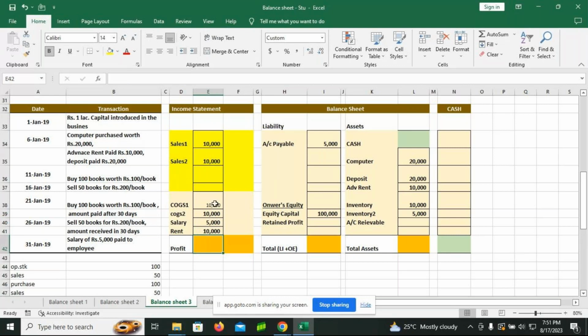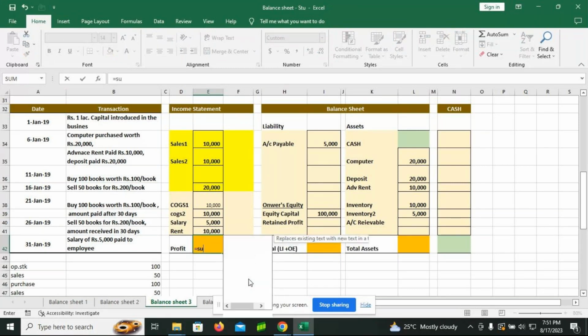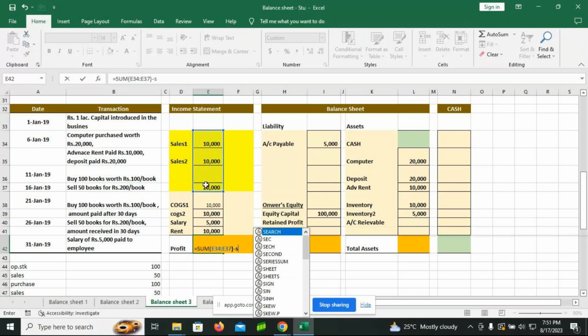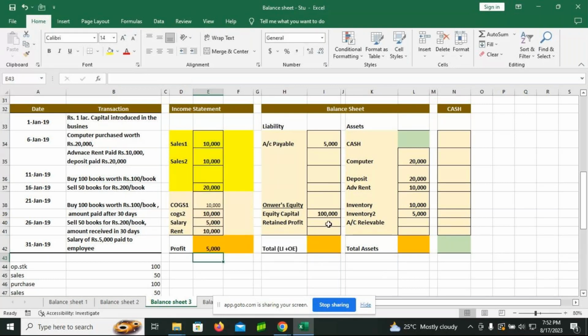So COGS, alt equals, minus sum of, so 5,000 rupees. So retained.